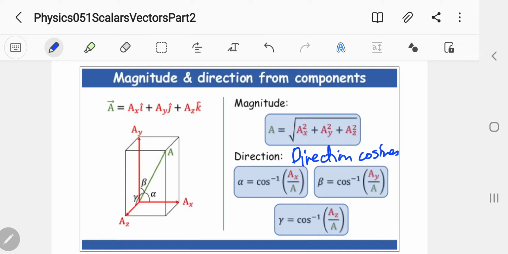And the magnitude is, that's so familiar, that's just the three-dimensional generalization of the Pythagorean theorem. So that's it. And as I've said, you can write the vector like that.